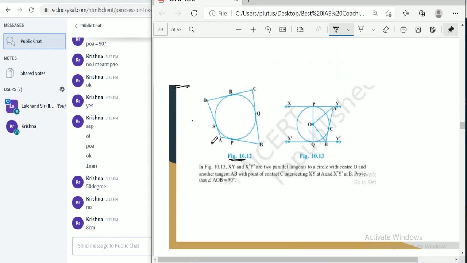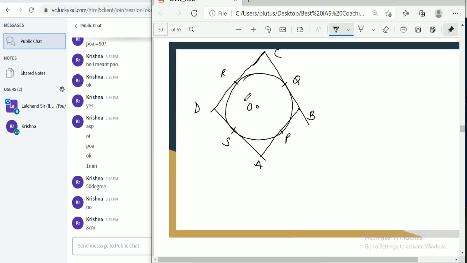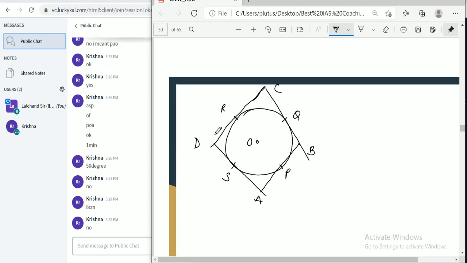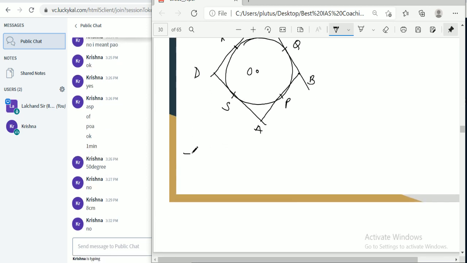So this diagram is clear to you. Is there any problem in this? Krishna, this diagram is clear to you? So what we need to prove in this question?